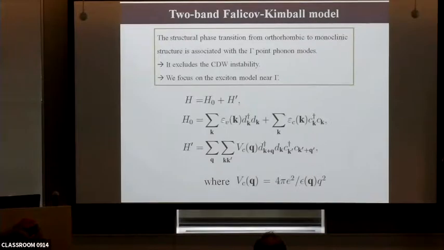Here, epsilon_V and epsilon_C are the non-interacting band dispersion energy of the valence and conduction band respectively, and d dagger and c dagger are the creation operators of the valence electron and the conduction electron respectively. And here, H prime is the interaction Hamiltonian, and it shows the Coulomb interaction between the valence and conduction electron. Here, V_C is the screened Coulomb potential.